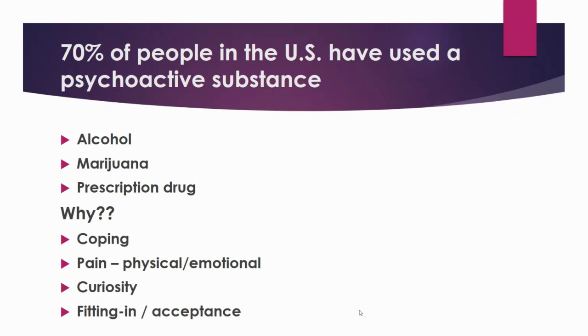Okay, so not everybody who uses alcohol or marijuana or a prescription drug goes on to other substances, but I never met an addict on heroin or cocaine or crack who didn't start with one of these. So in that way, they are gateways.